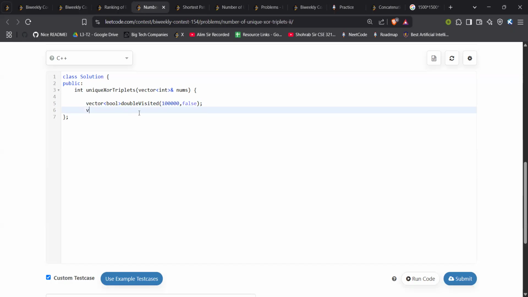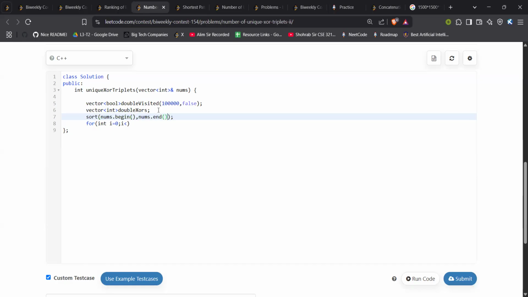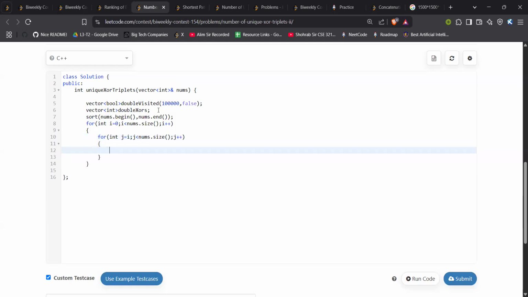Also, if we take from zero to, we are going to have some repeated values, but that should not be a problem, right? That should not be a problem.